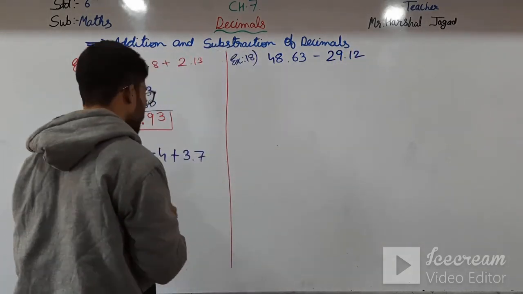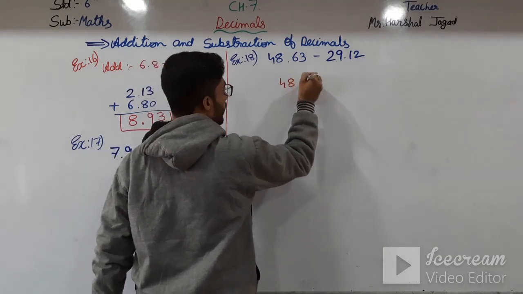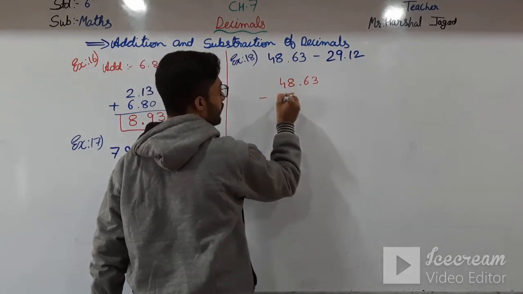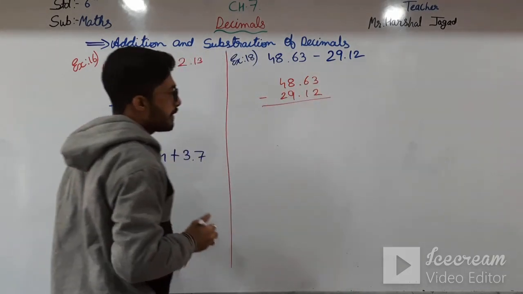So let us solve it. First of all, 29.12 is subtracted from 48.63. So let us do this.